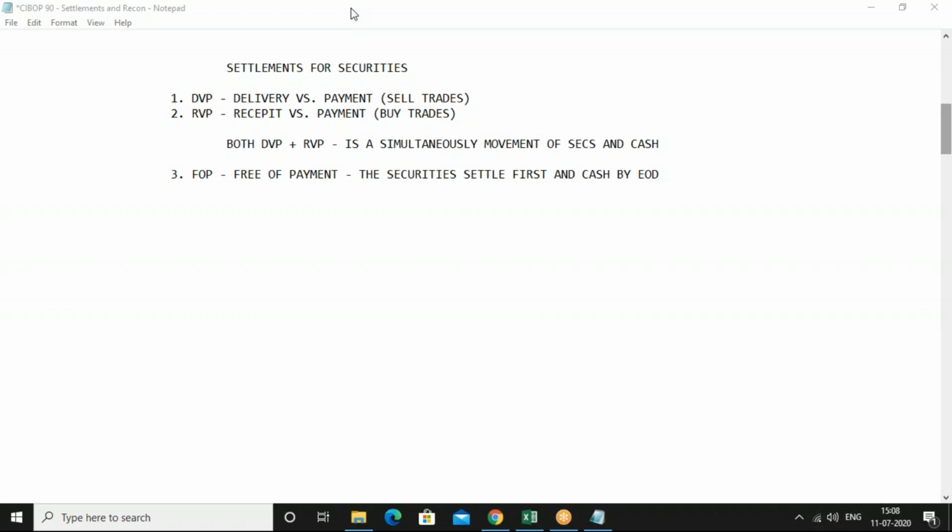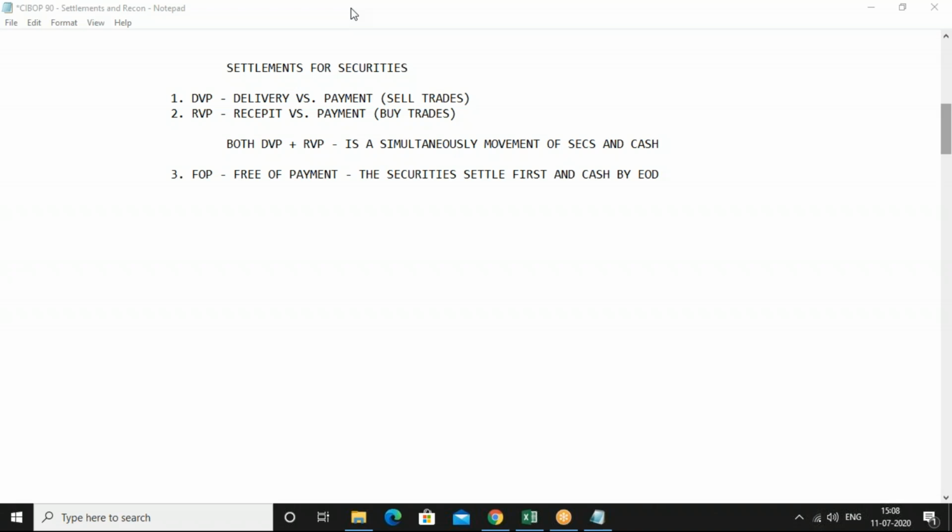A lot of you might have heard of the term ISIN. It stands for International Securities Identification Number, and this is a 12-digit alphanumeric number.